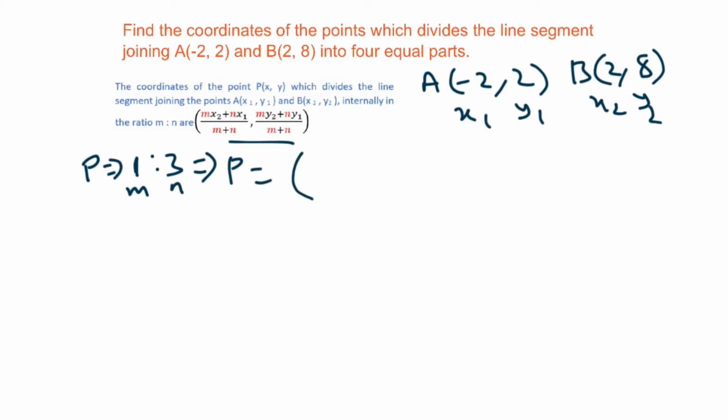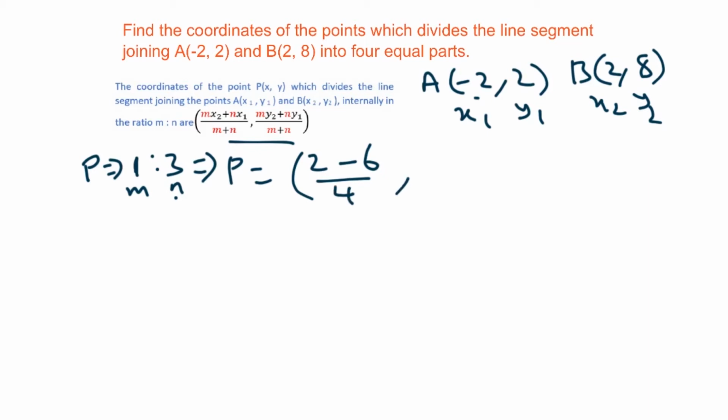mx2, which is 1 into 2 is 2, and nx1, 3 times x1 is 3 times -2 is -6, divided by m plus n, 1 plus 3, 4.